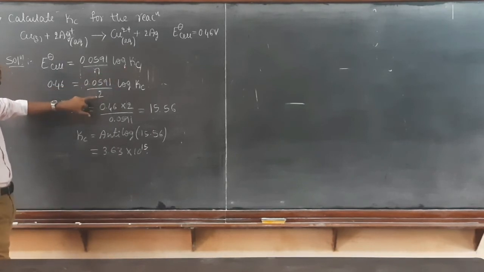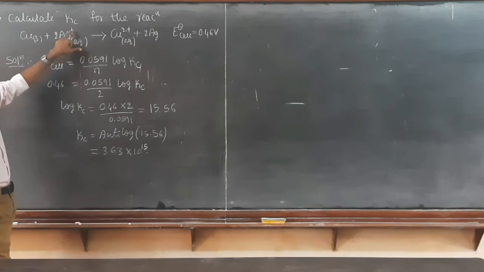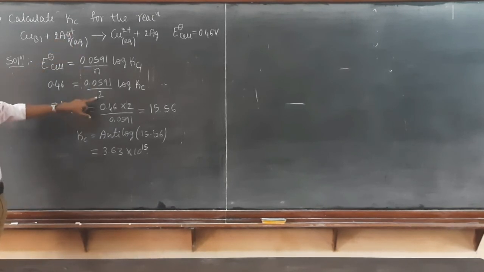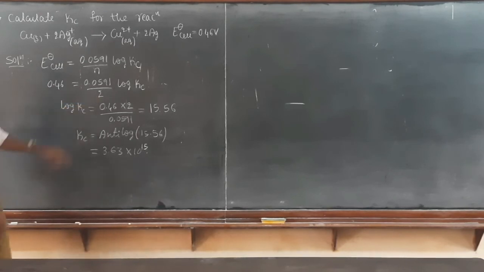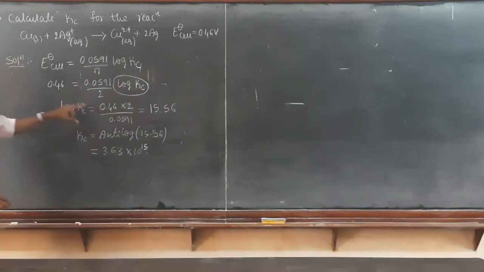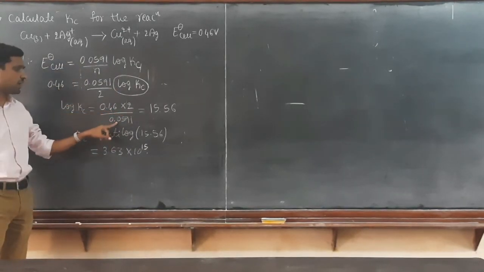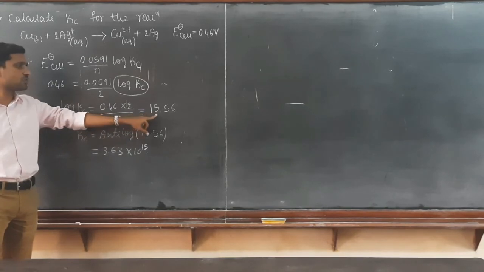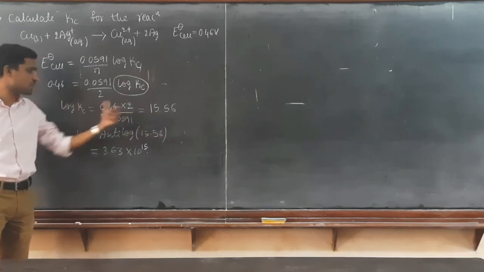Here n is equal to 2, because initially it contains only 1 electron, but when it is multiplied by 2, it denotes 2 electrons are involved in this reaction. Therefore, it should be divided by 2. You should calculate log Kc: transferring this 2 to this side, it becomes 0.46 into 2 divided by this value. If you calculate this one, you will get 15.56 as the log Kc value.